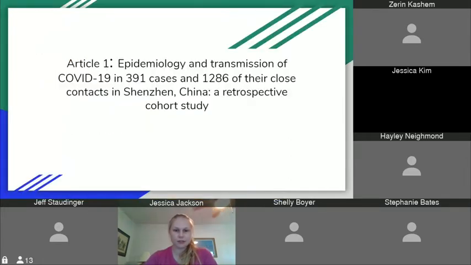So my first article here, which was published in the Lancet journal, was on the epidemiology and transmission of COVID-19 in 391 cases and 1,286 of their close contacts in Shenzhen, China, and it was a retrospective cohort study.